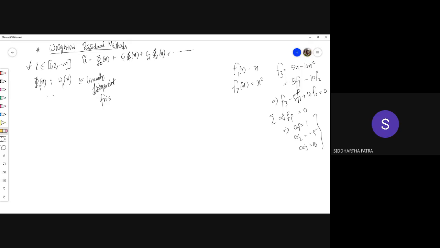So corresponding to each phi i, there should be an equal number of weights. And for each weight, for all i, we would say this residual is bounded. Here we are not talking about any sort of variation.